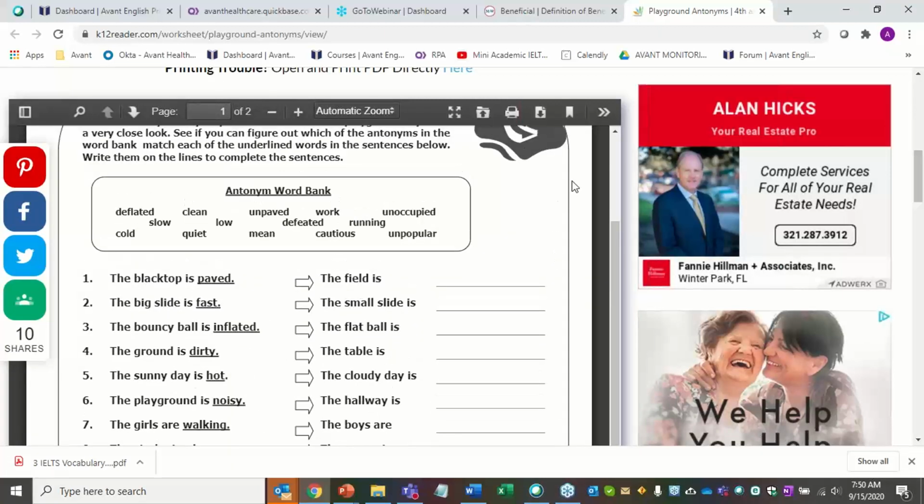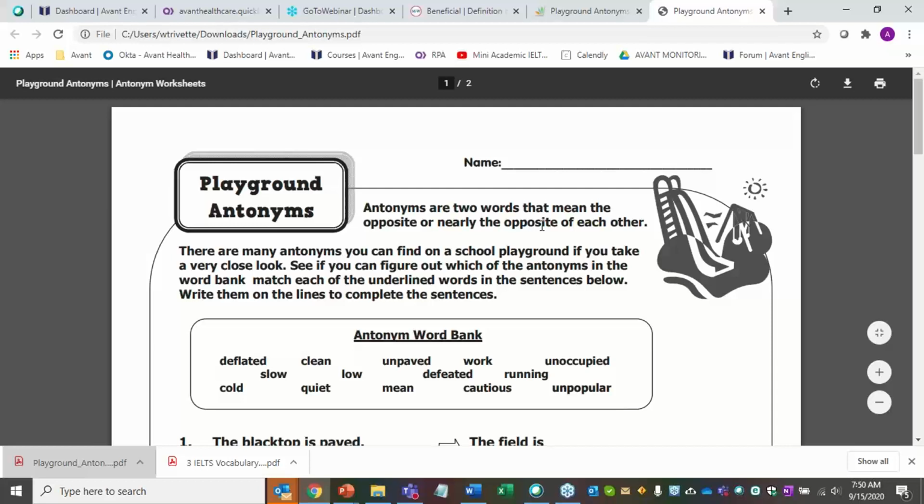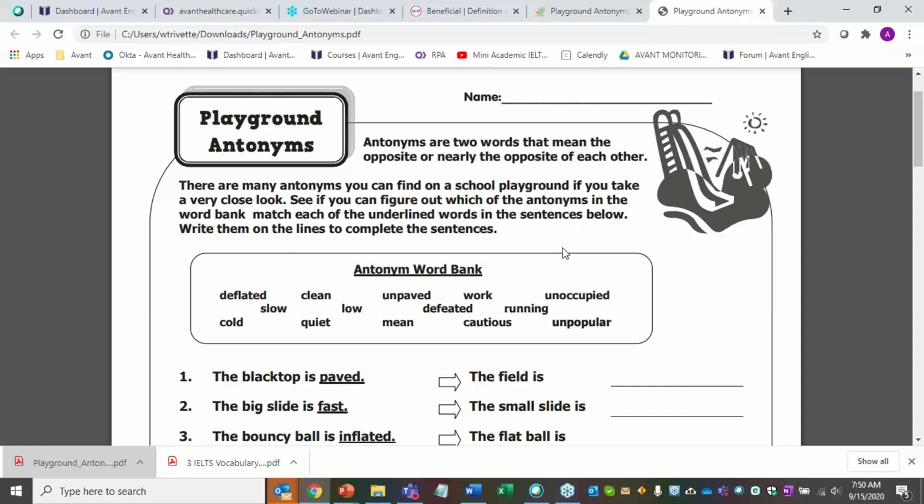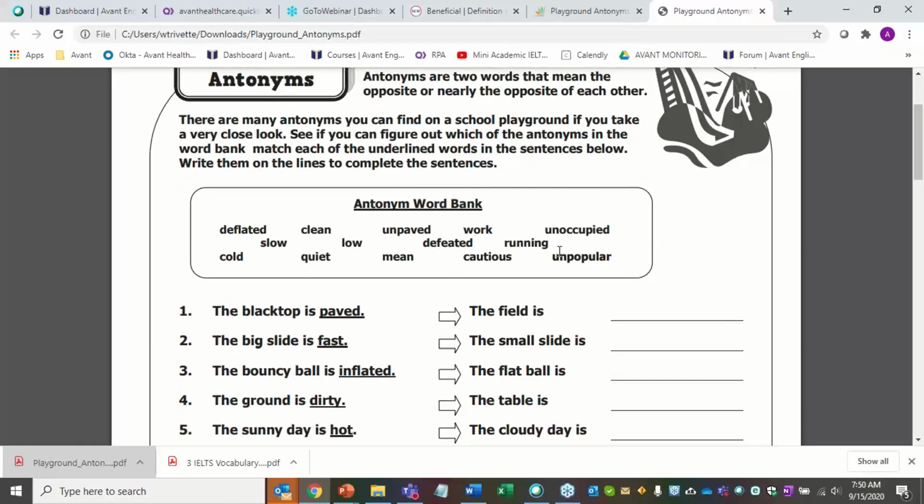All right, here. So let's see, antonyms. Let's see if we can do this here. So as you know, antonyms, we're looking for the opposites, right? We're looking for the opposites. And let's just look at the first 5 here. Let's get you involved here, participating here. So we have 5 sentences, and we need to find the antonym of the word above in our word bank.